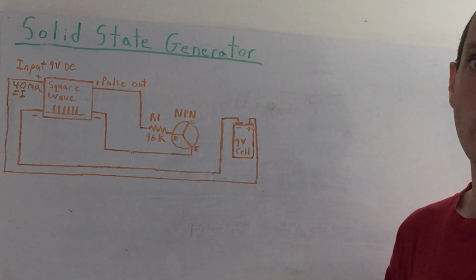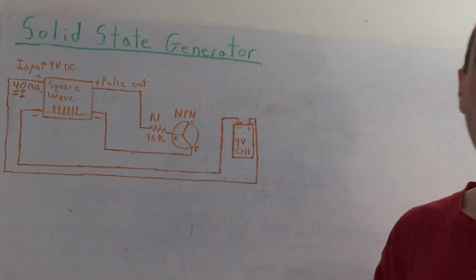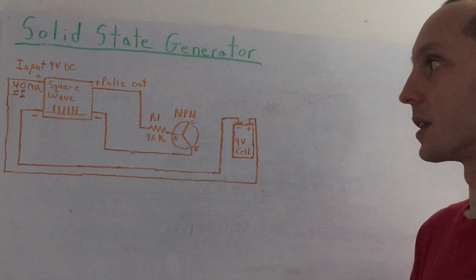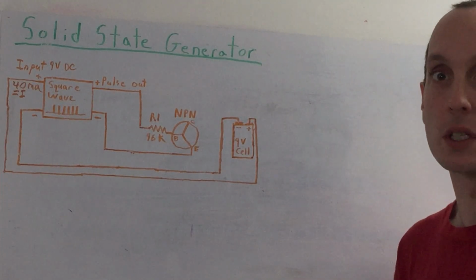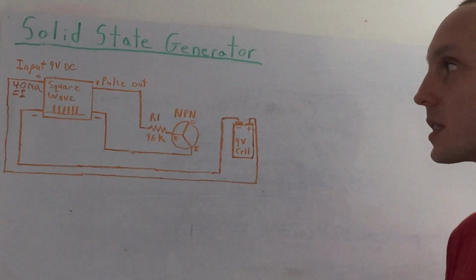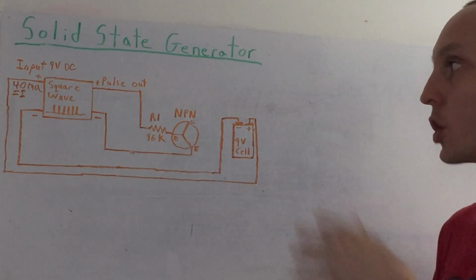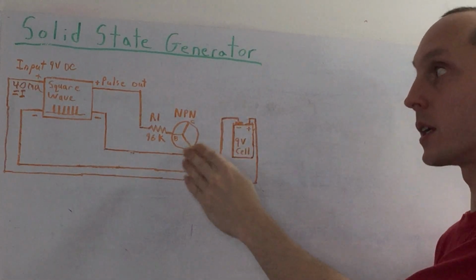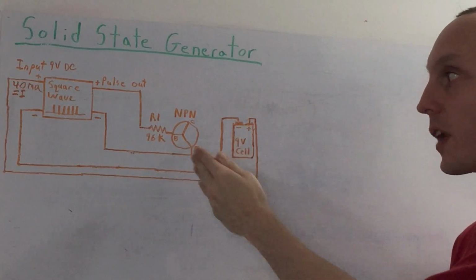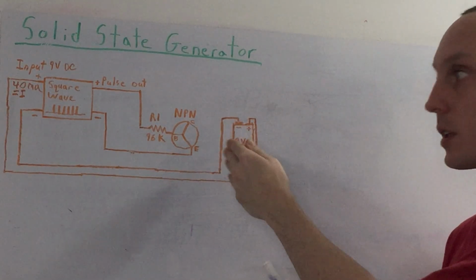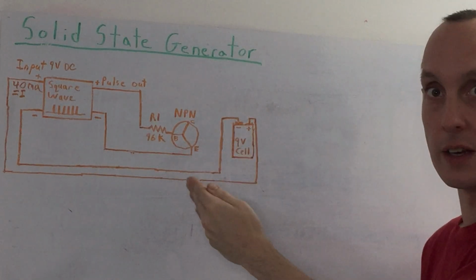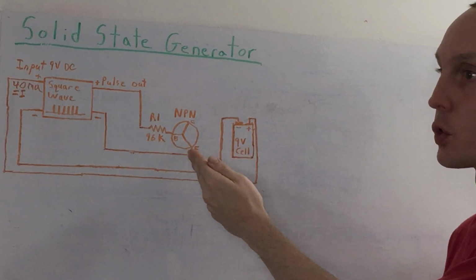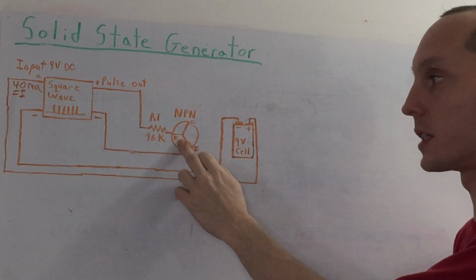Yes, we use them as switches, but they are not always the strict on and off switch we want in some of our circuits. I understand a lot of people know this already, but some people who are just beginning don't. What happens with transistors is, depending on the specifications, which you can find in the data sheet online for your transistor model number, let's say the typical voltage would be 1.5 volts for the base voltage.